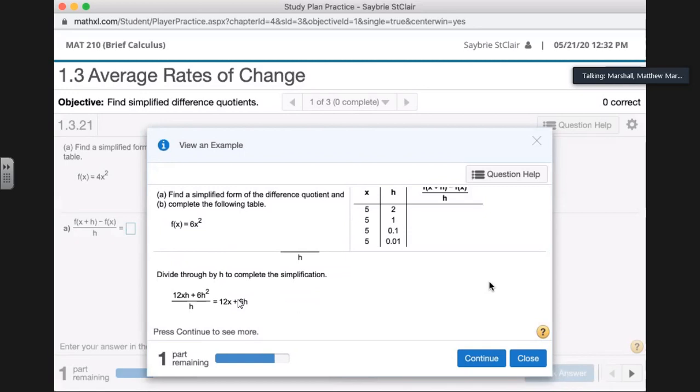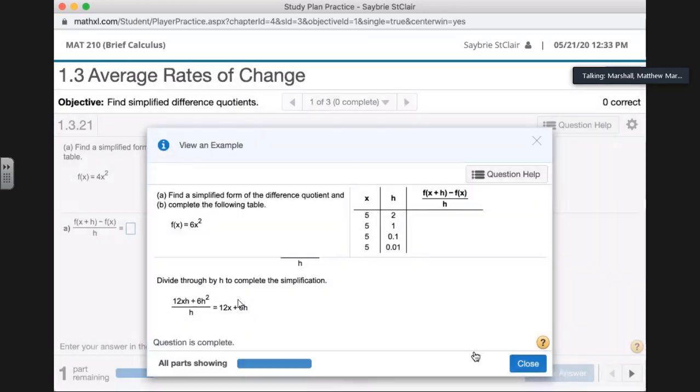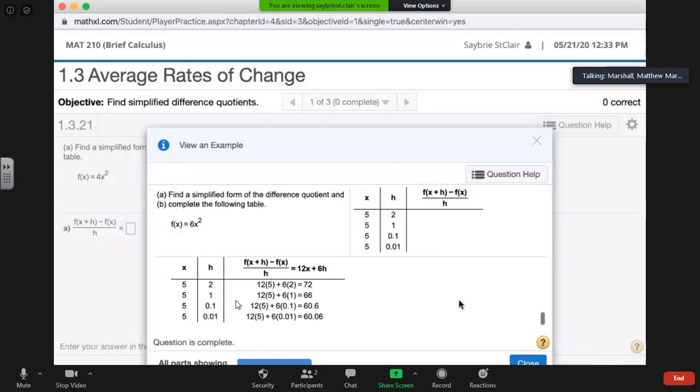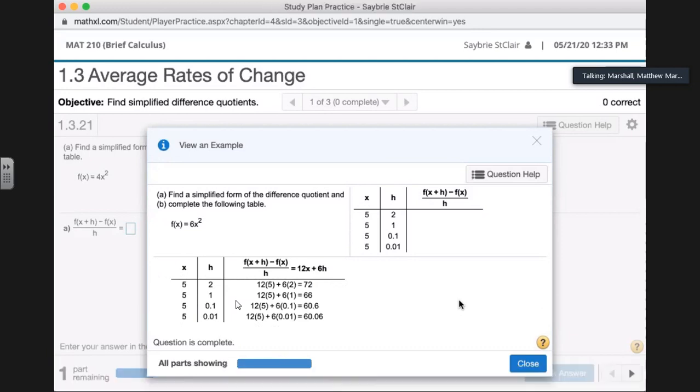So yeah, they divided h out of there. Okay, that makes sense. And then they use that equation. 72, 66. I'm going to take a picture of that right there.